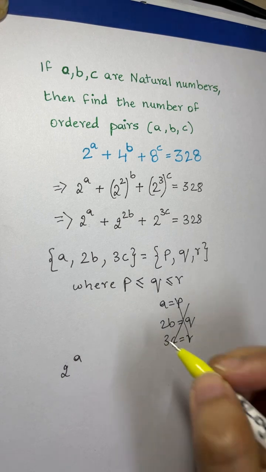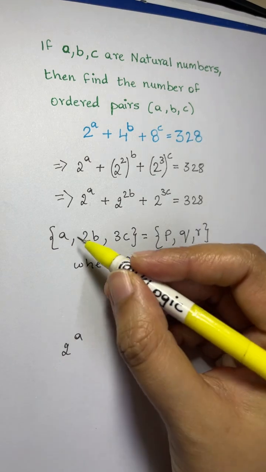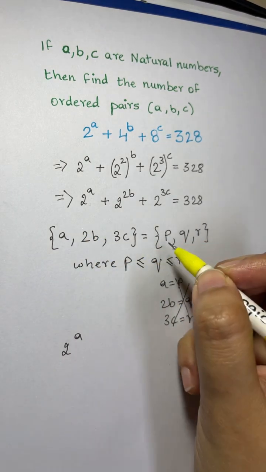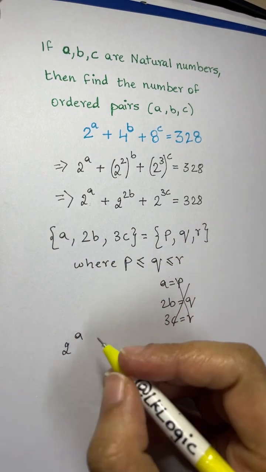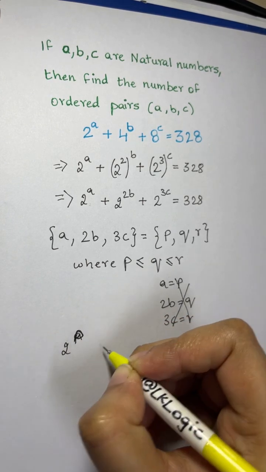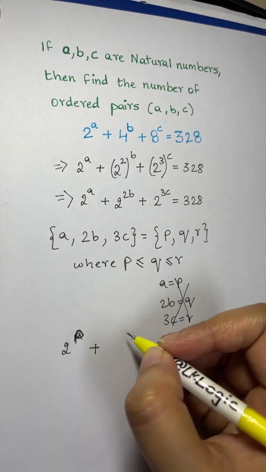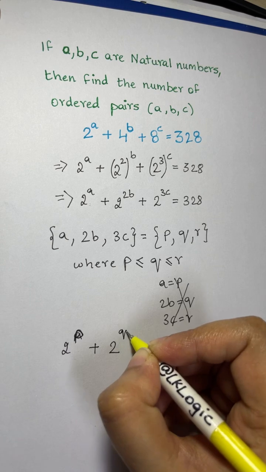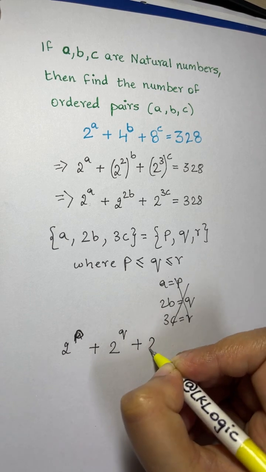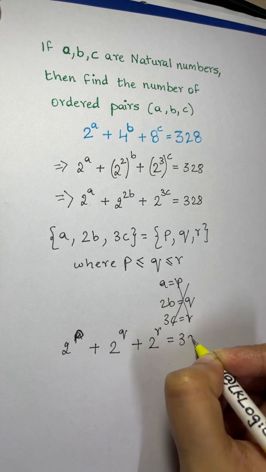Now let's write in terms of p, q and r. Here we have 2 to the power of p plus 2 to the power of q plus 2 to the power of r, which is equal to 328.